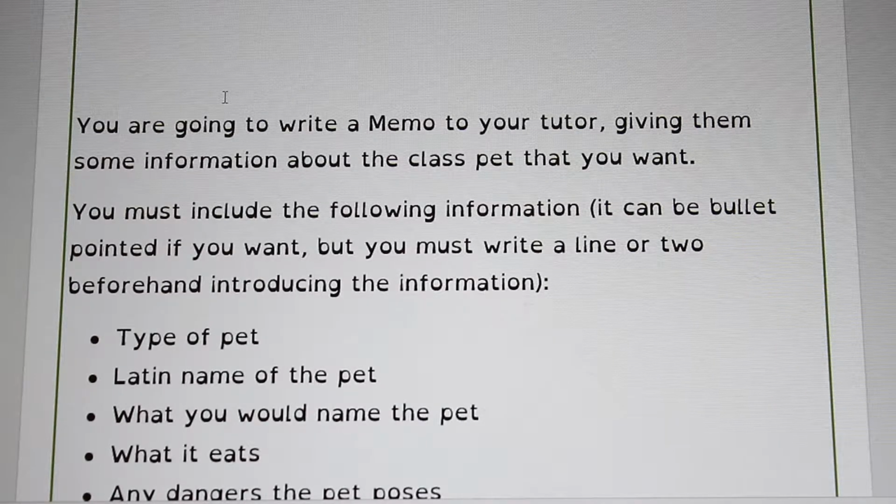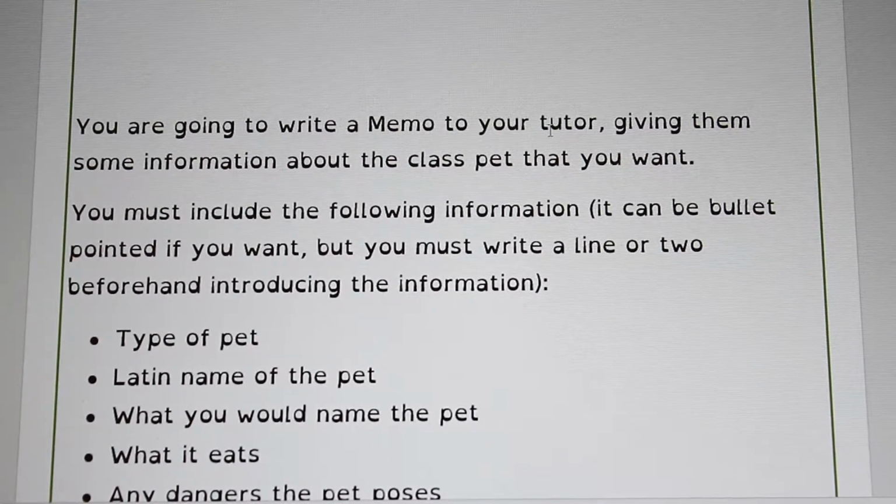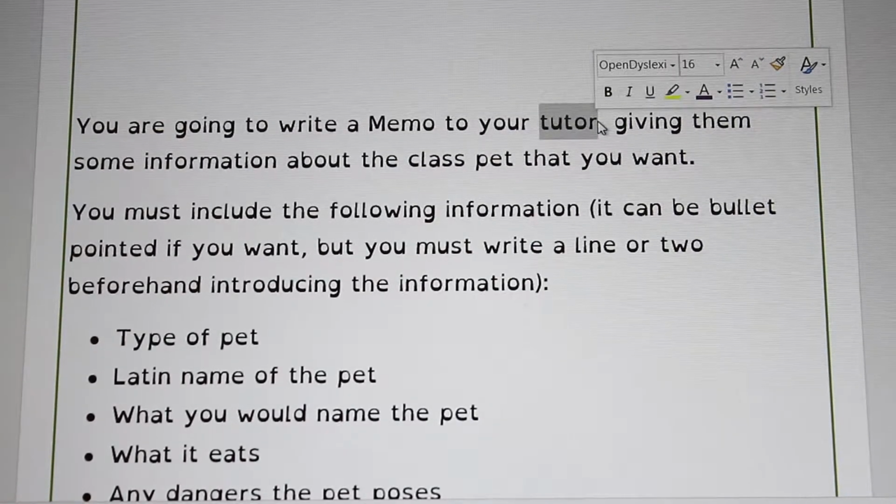Now what we could do is we could manually go through and change every time that the word tutor goes in and type in bestie, but there's a good chance that we're going to miss a few. Now what we can actually do is tell Microsoft Word to say, hey, find all instances of the word tutor and replace it with the word bestie.